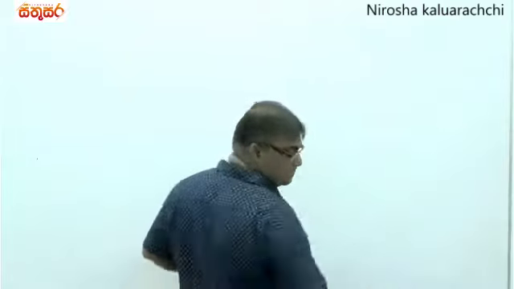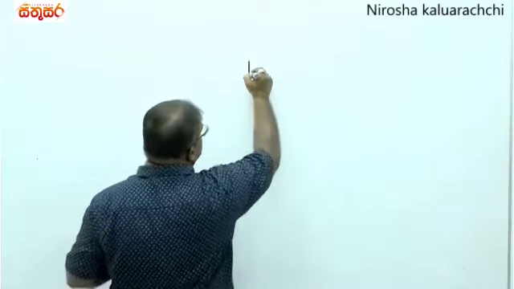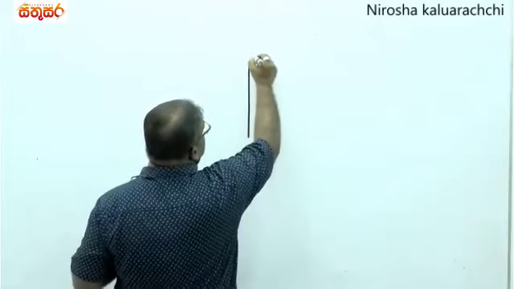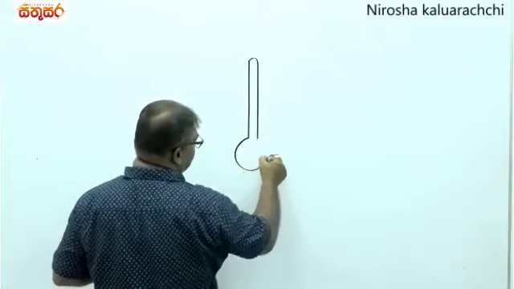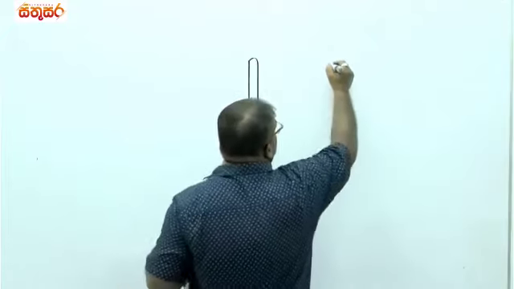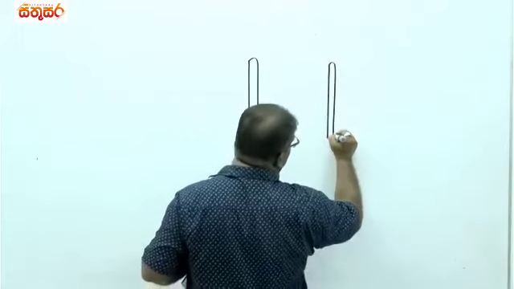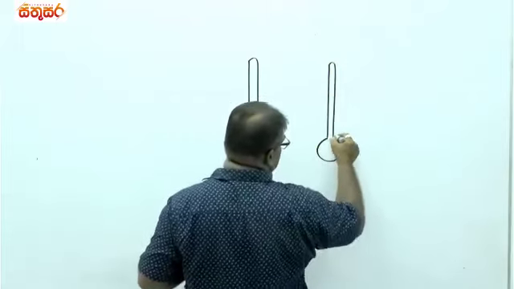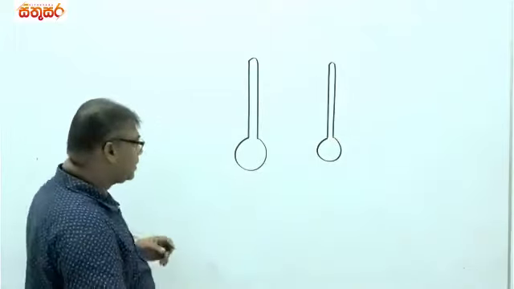Right, let's see. Here we have a thermometer with a large volume of glass bulb. Here we have another thermometer with a small volume of glass bulb. This is large volume, this is small volume.